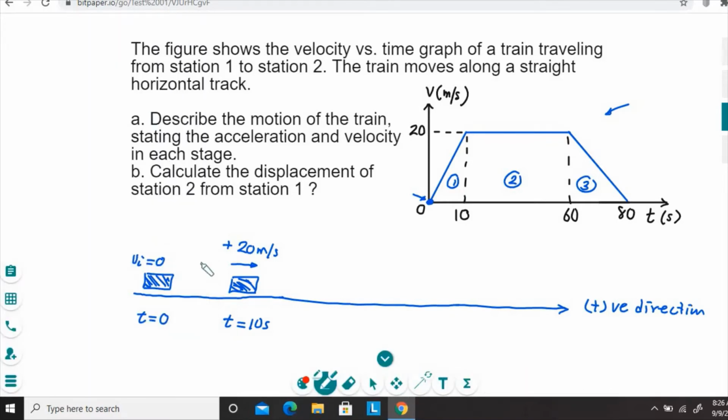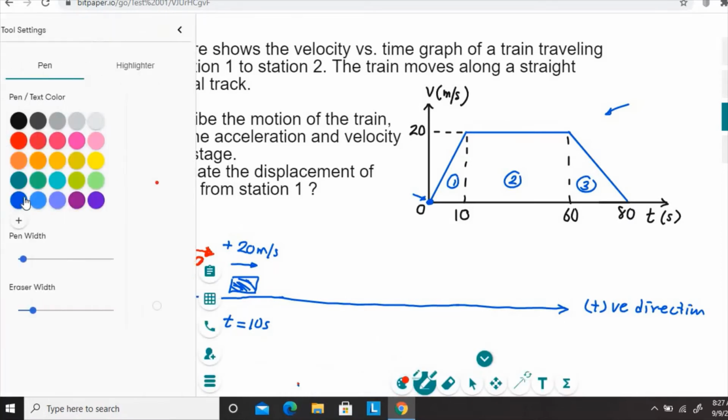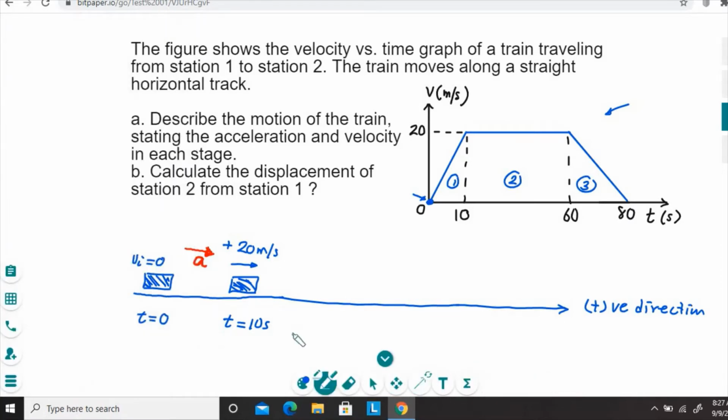Let me call that acceleration A, and we want to figure that out. Obviously you can see it's speeding up. As a result, the direction of the acceleration is the same direction as the velocity. Otherwise, there cannot be any speeding up of the motion, right? So that's how we figure that out.